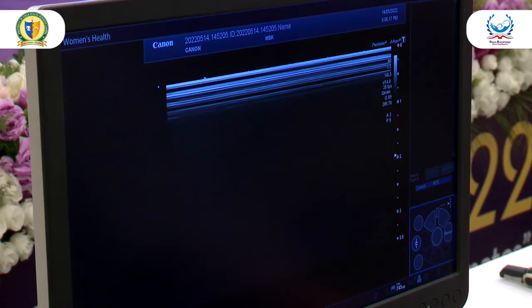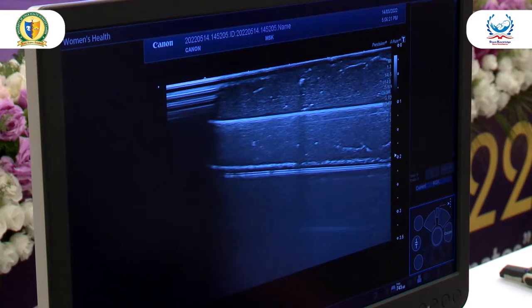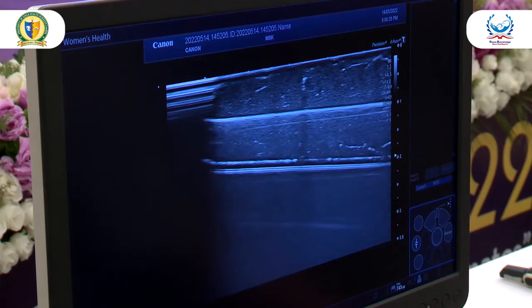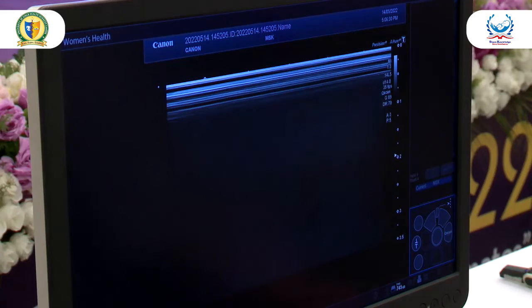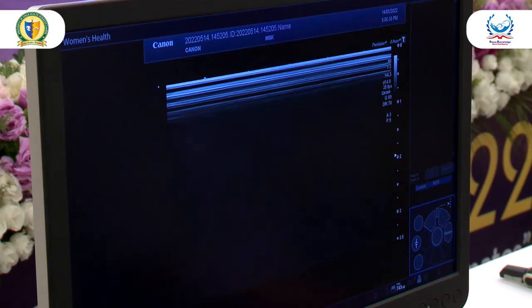And if I place my probe perpendicular to it, then I will be looking at only one cross-sectional point of the needle. Maybe that should not be the needle tip. So for that, you need to have an orientation of your probe and your needle, to know where your needle tip is lying.